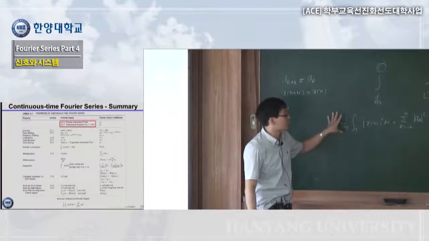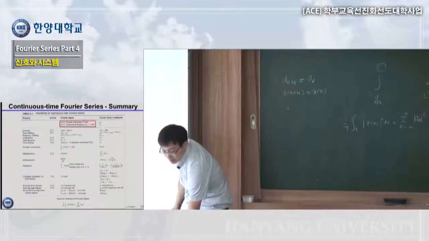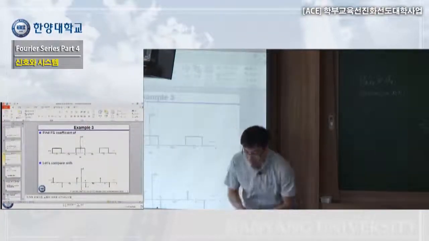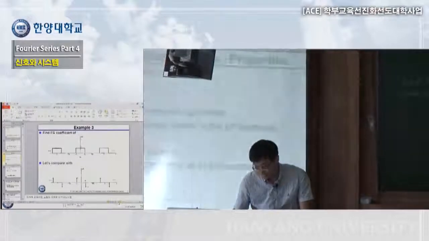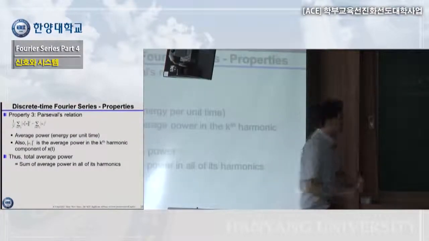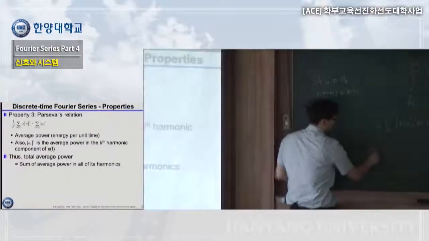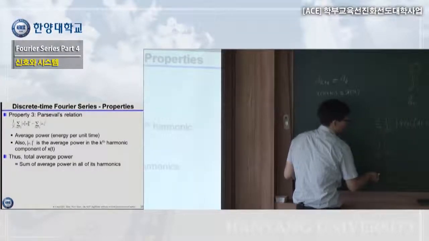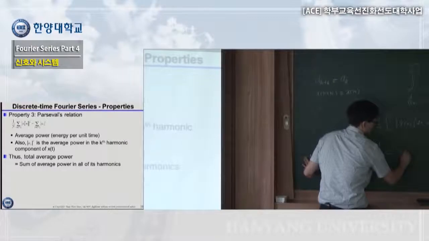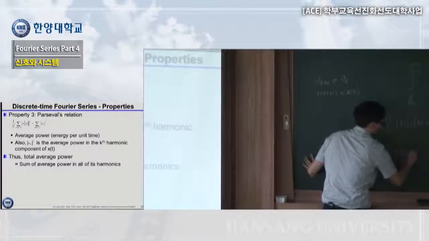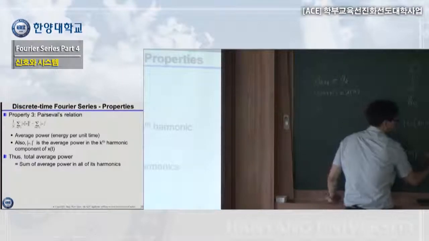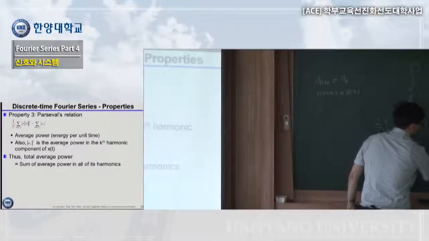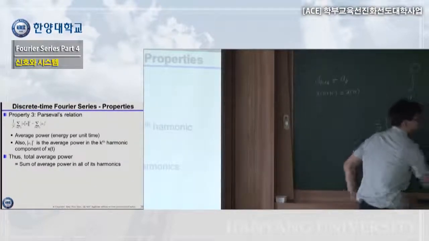That's possible in continuous time. In the case of discrete time, t goes to n and integration goes to summation: the sum of the absolute value of x[n] squared equals the summation of a_k squared.